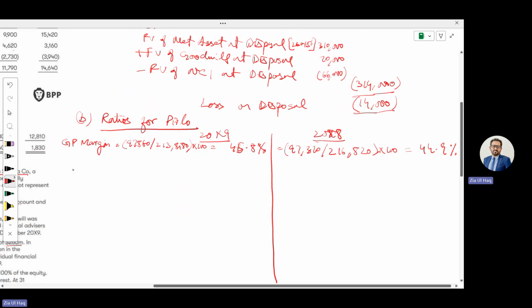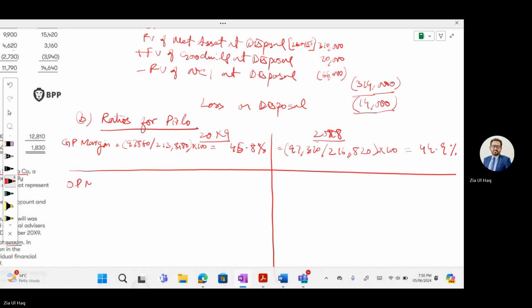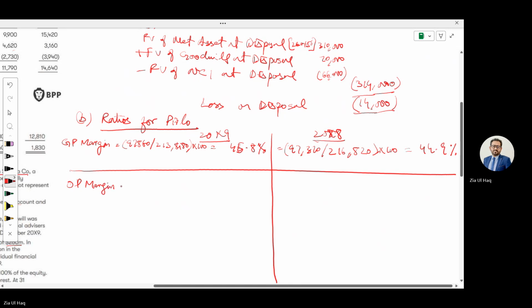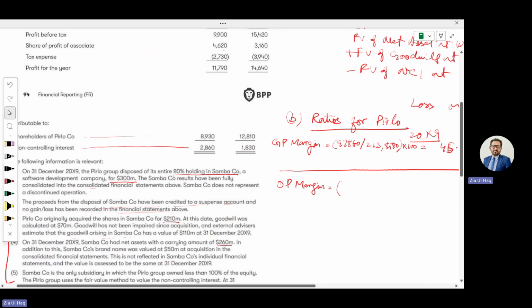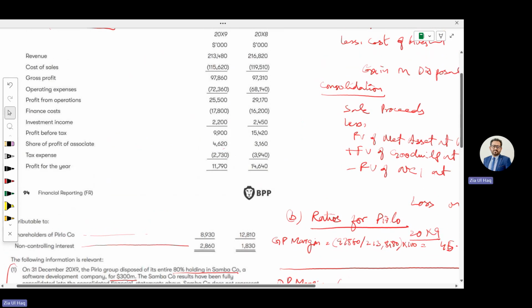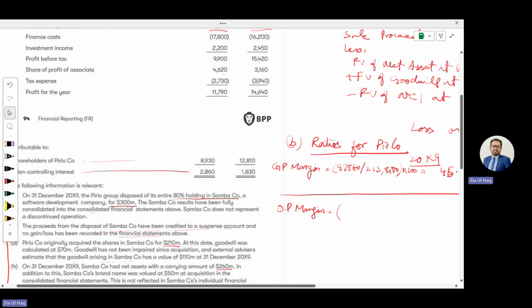Now moving towards operating profit margin. Operating profit margin for 20x9: how much is operating profit? 255,500. So 255,500 divided by sales 213,480 multiplied by 100.